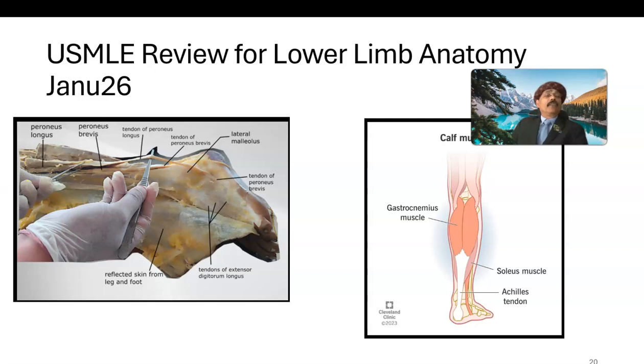Like peroneus brevis, the nerve supply is the same superficial fibular nerve, but peroneus brevis will insert to the base of the fifth metatarsal bone. On the same side, a little bit medially, we have the insertion of the fibularis tertius.